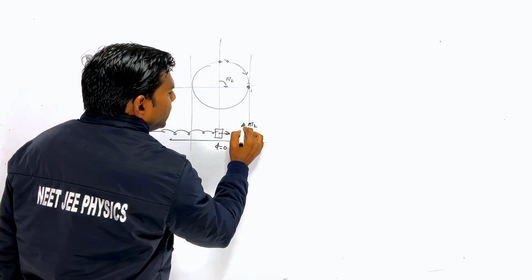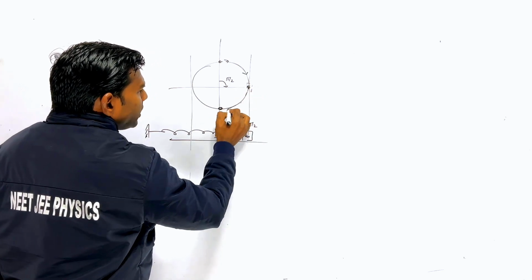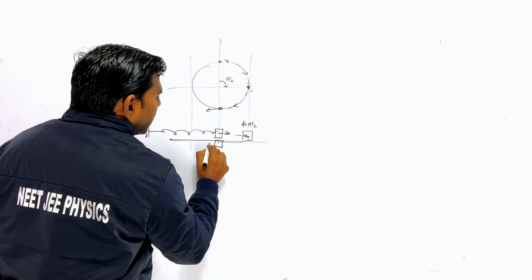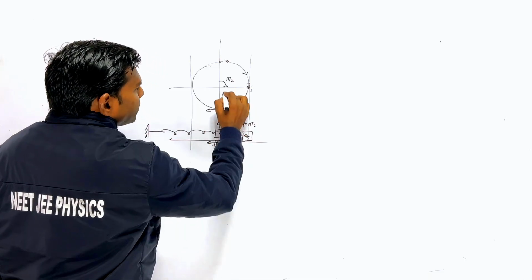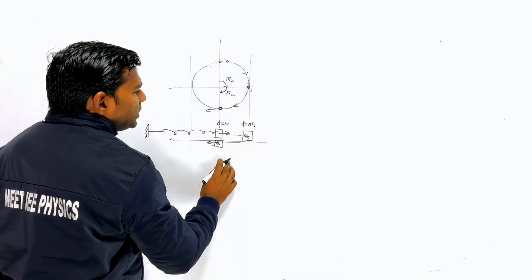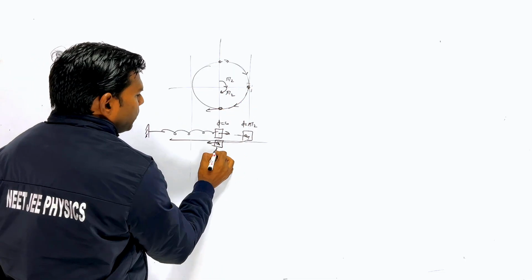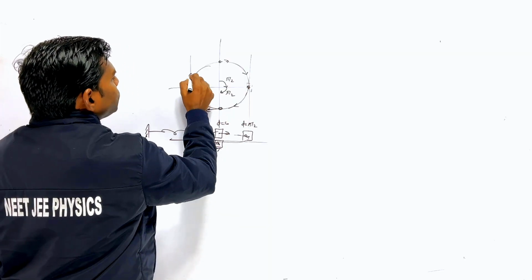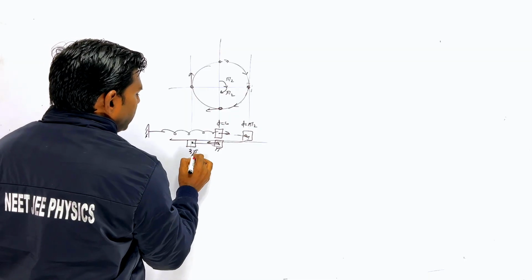The phase is pi by 2, right? When this particle comes to this position like this, it is moving, then it moves in this way. Are you getting? So what is the phase? Here, again it covers more phase, pi by 2. What is the phase at this point? Pi. Now you know everything very well. If this point reaches to this point, right, the phase is what? 3 pi by 2.